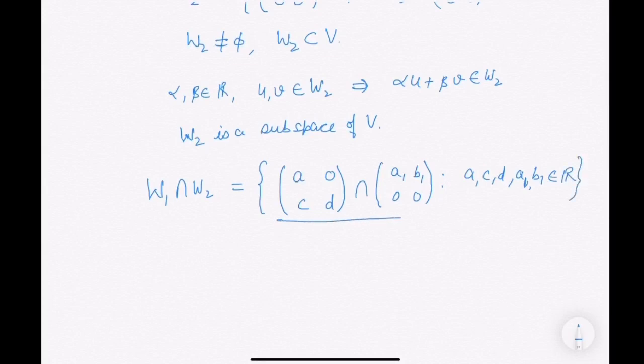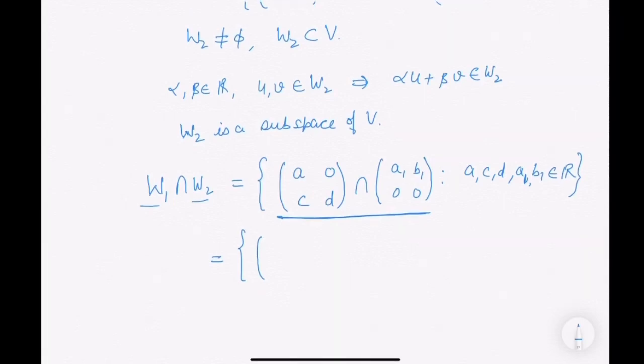So what does this actually mean? It means that W1 intersection W2 contains elements which belong to both W1 and W2. So you can see that in W1, the second entry in the first row is 0, so it should be 0.